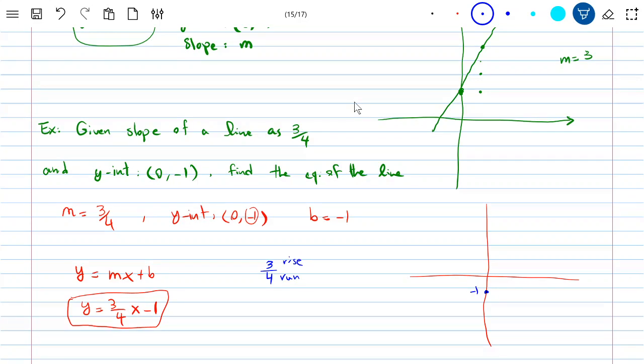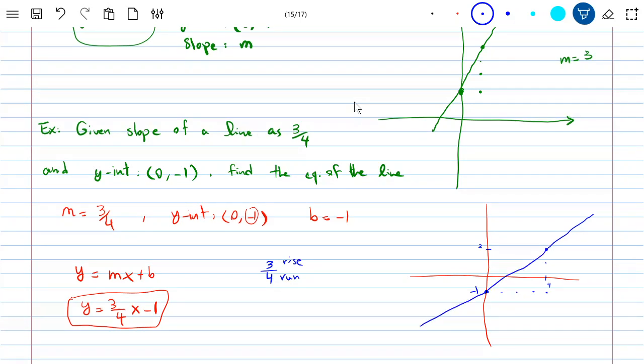So that means move 4 units to the right, 1, 2, 3, 4. And from -1 at this point, move up 3 units, 1, 2, 3. So I end up at y equal to 2, because I started from -1 and went up 3 units. At this point, 4 and 2 should be on the line as well.